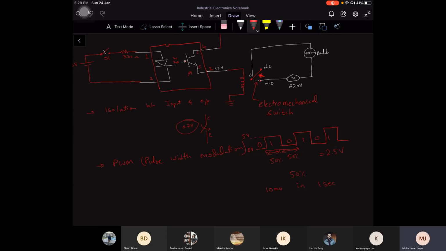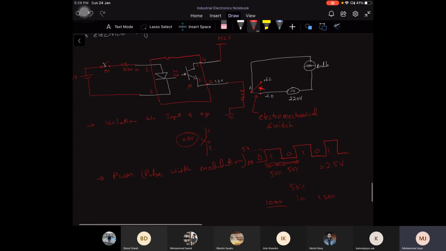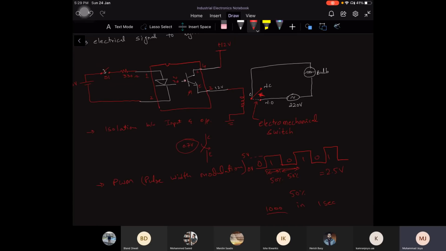When you provide a signal switching at this rate, 1000 times, that is 1 kilohertz, the speed of the motor will be quite smoother.